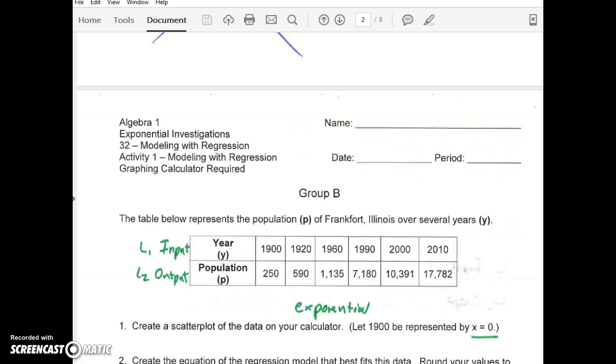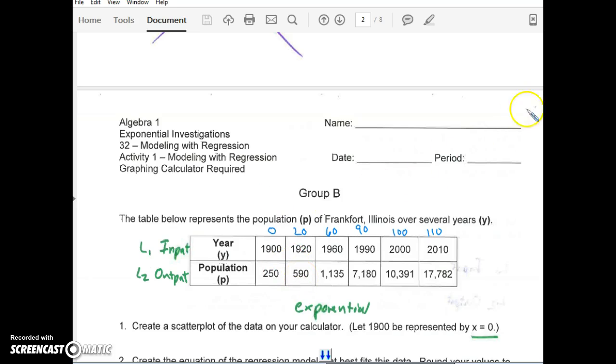We're not going to enter in 1900, 1920, and so on. We're going to enter in some slightly different data: 0, 20, 60, 90, 100, and 110. That's the data we're entering for our input, and then our output is still going to be our population.